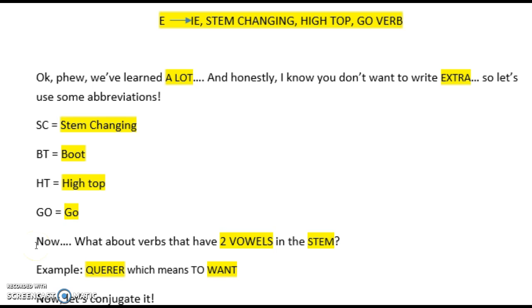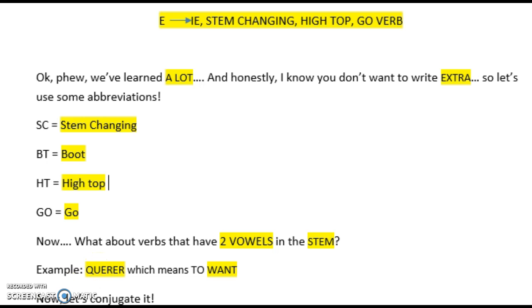Once again, what about those verbs that have 2 vowels in the stem? We looked at the example of comenzar earlier. Let's take a look at the verb querer. Querer has both a U and an E in the stem, and querer means to want. Stop for a moment and think, which of these letters is going to be your stem changer?